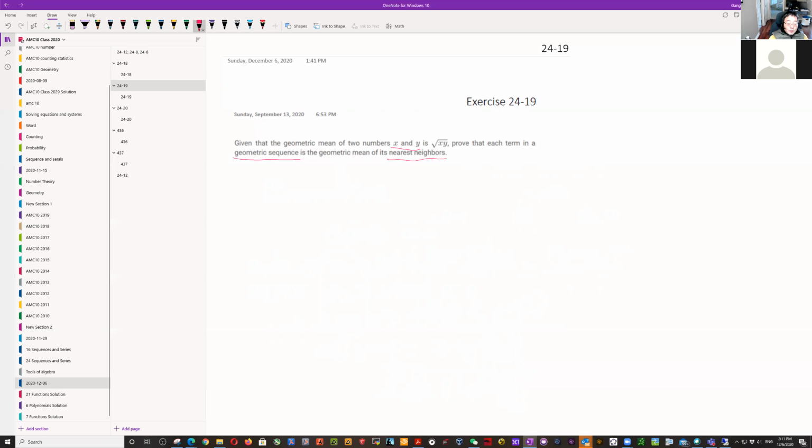Basically, we make a generic assumption that an's nearest neighbors are a(n-1) and a(n+1). So we use a generic form of what we can do.